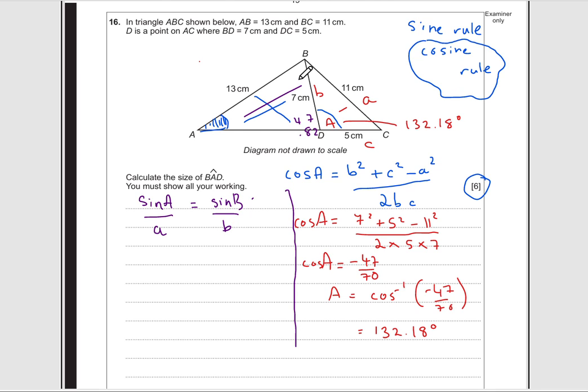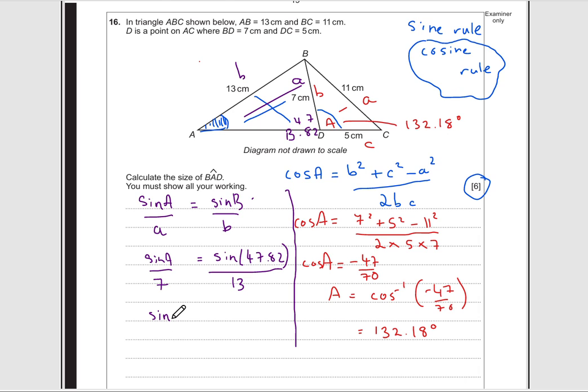So this is A, this is now little a. So sine A over 7. And then I've got my other pair here. This is going to be B, and small b. So it's going to equal sine of 47.82 divided by 13.